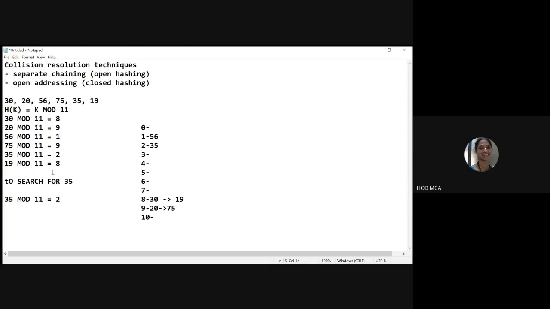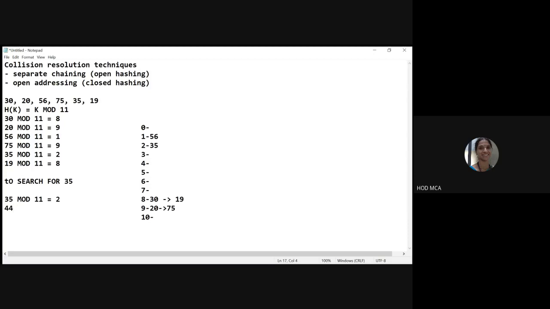So I go to location 2 and I find 35 there. I don't have to search all the locations starting from 0. I will go directly to the second location and see if 35 is there or not. It has to be there in location 2 or in the linked list that follows 2. Otherwise, I did not find it anywhere. That way, searching becomes very simple and very useful.